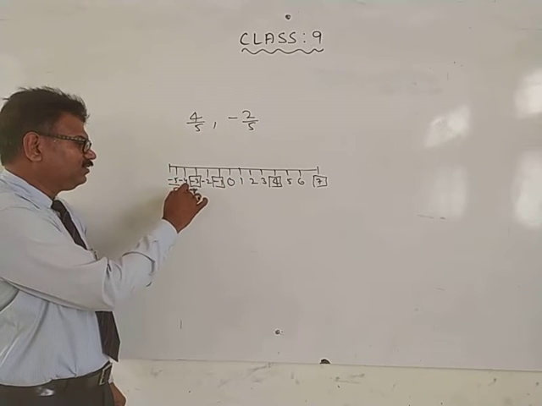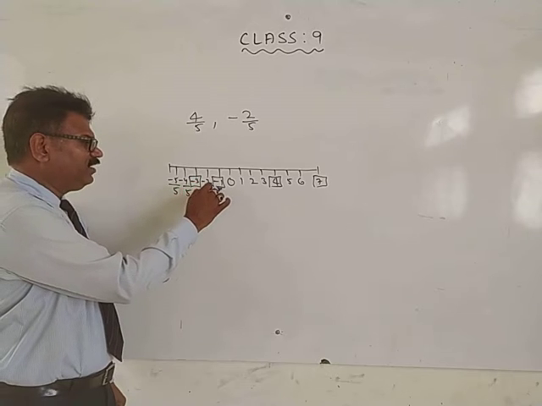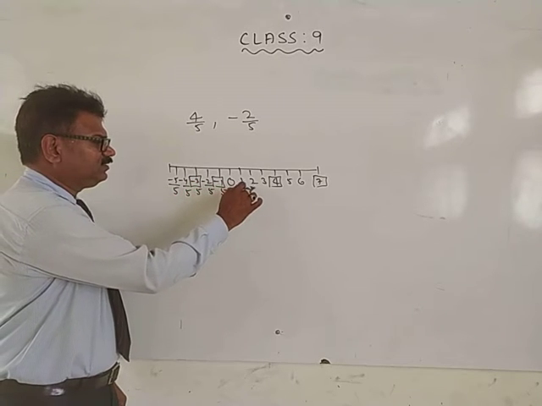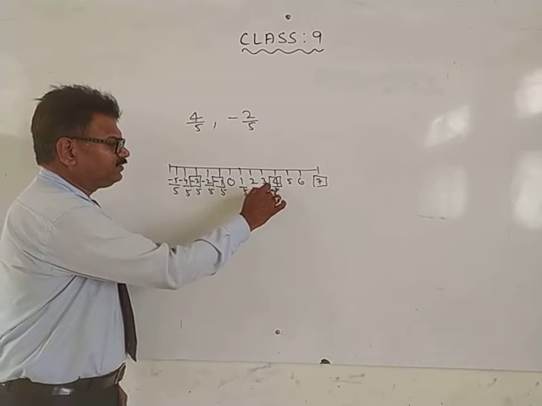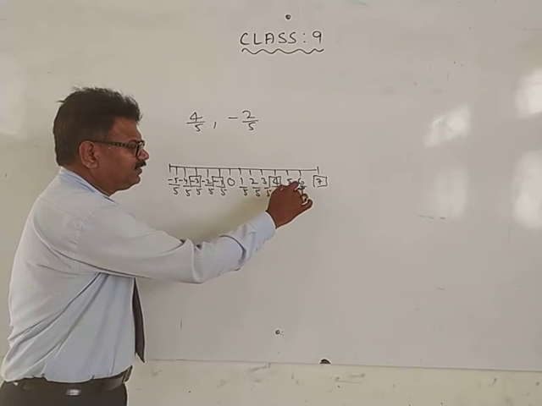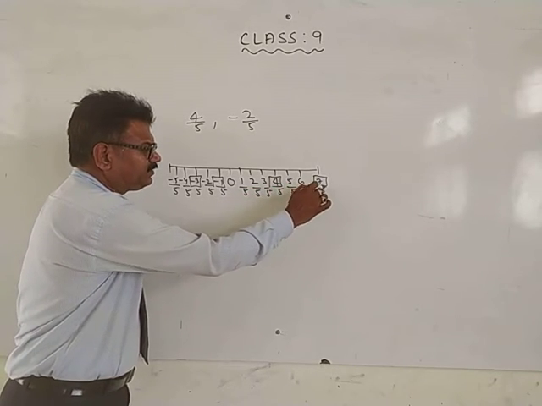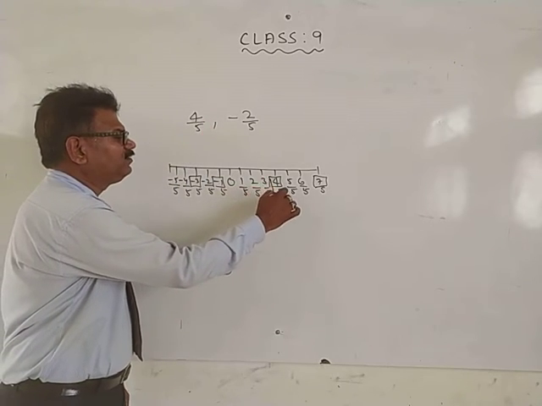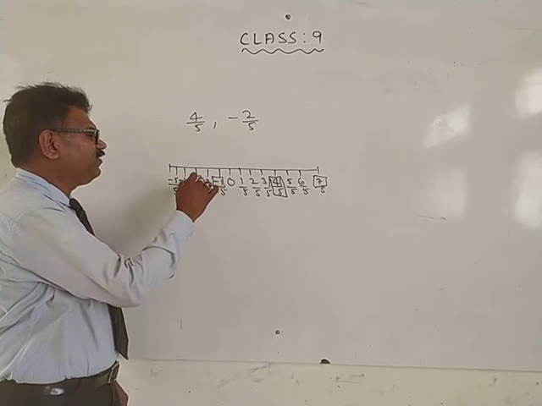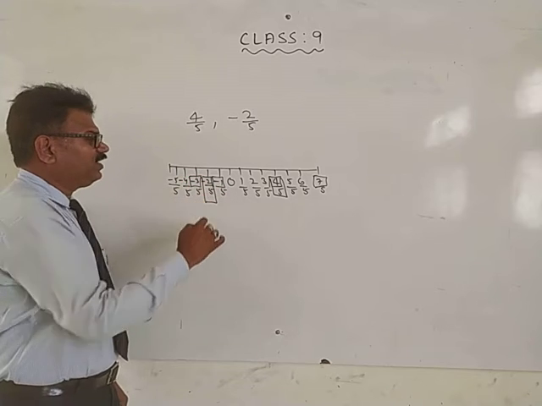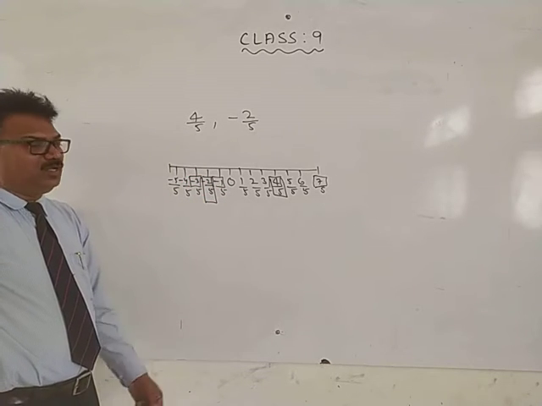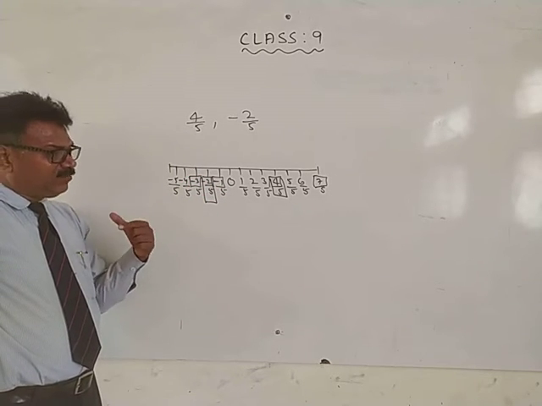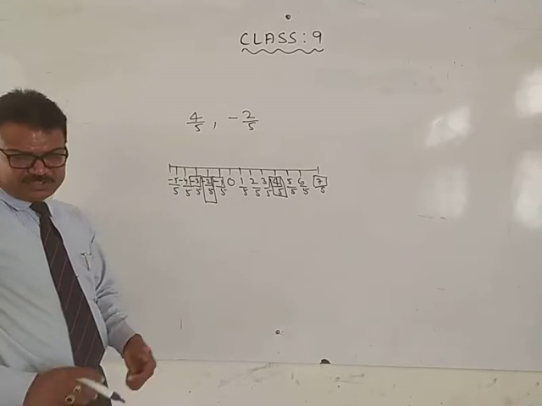All divided with 5. Now plus 4 by 5, and here is -2 by 5. So we represented some of the whole numbers as well as rational numbers.